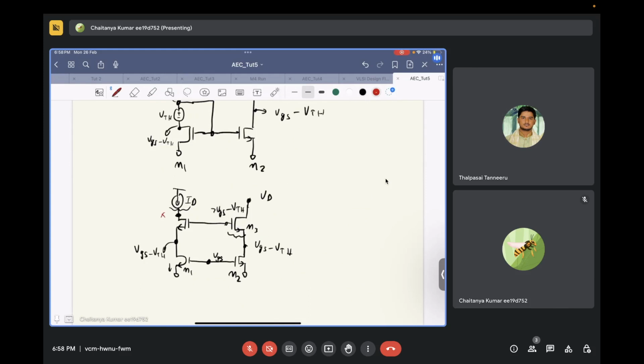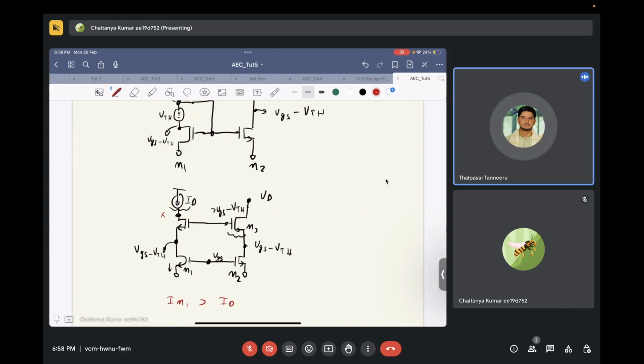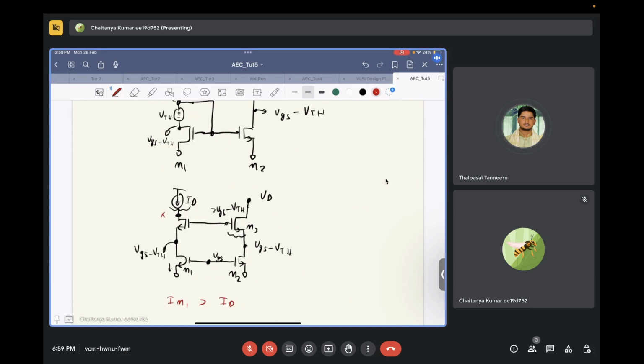Now let's say IM1 was greater than ID. What will happen to the voltage of node X? It will reduce. So what you need to do now, if IM1 is greater than ID, that means VGS is higher than expected.